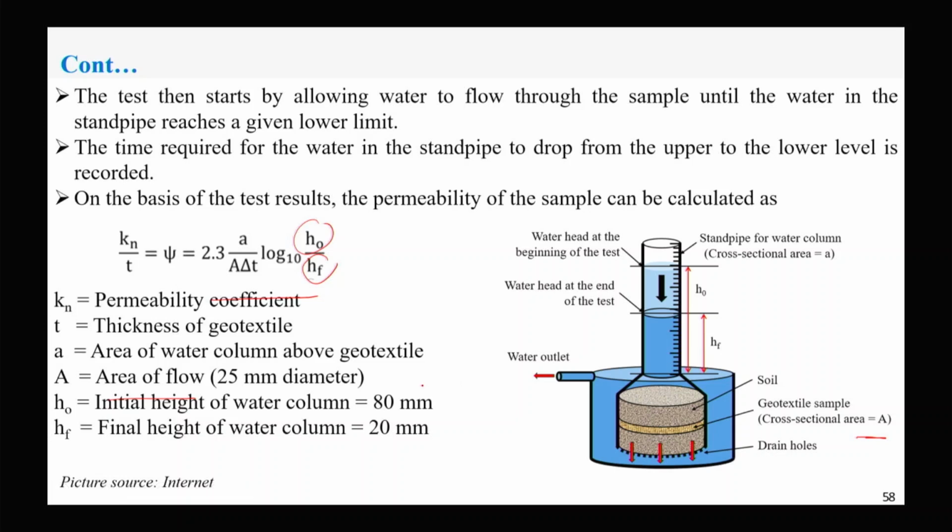Typically we keep 80 millimeter and 20 millimeter respectively, and we can calculate it. And delta T is the time required for the water head to fall from H0 to HF.